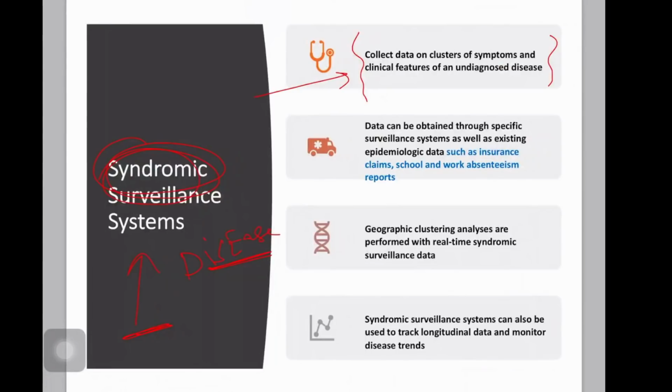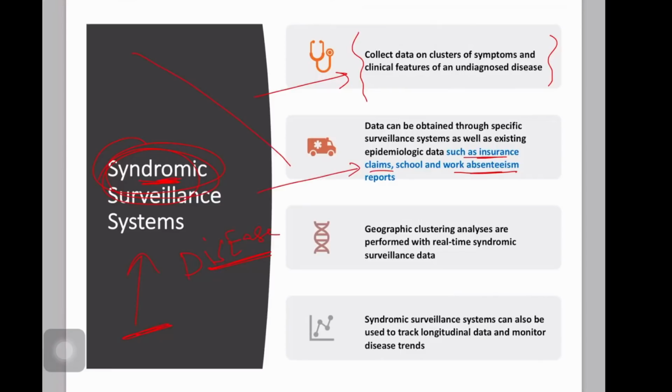The second point is data can be obtained through a specific surveillance system, as well as existing epidemiologic data. For example, data could be collected for syndromic surveillance from the EHR, from clinical claims data, from work absenteeism, school claims, like someone has a chest infection, someone has pain in a particular part of the foot.